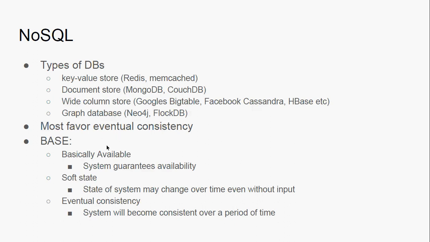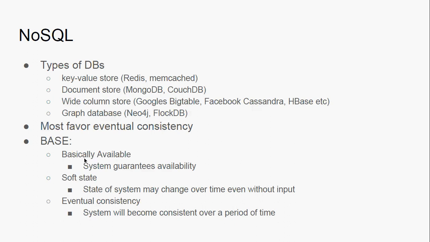There is a good acronym for this, which is BASE: basically available, soft state, and eventually consistent. Most NoSQL databases typically fall into this BASE type of architecture. Which means that if you look at the CAP theorem, consistency, availability, and partition tolerance, you have to choose between consistency and availability.